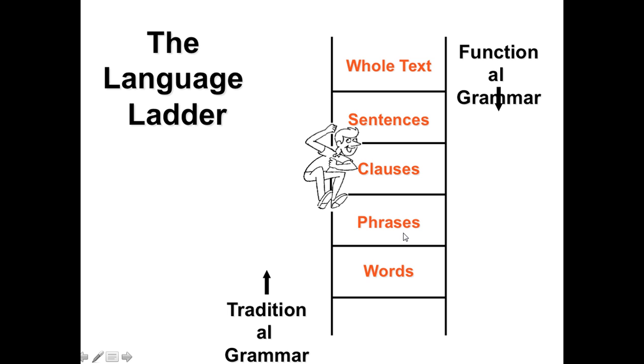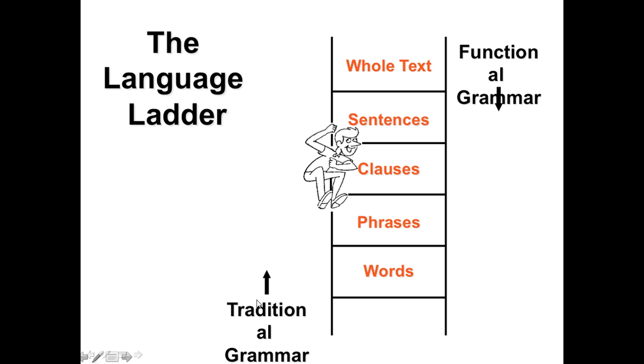Now let's look at the sides of this ladder. We have on the right hand side functional grammar with an arrow that points to the bottom of the ladder. What does this mean? It means that functional grammar, unlike traditional grammar, looks at the structure of grammar from the top down, that is, from larger, more general units to smaller, more particular, more granular units.